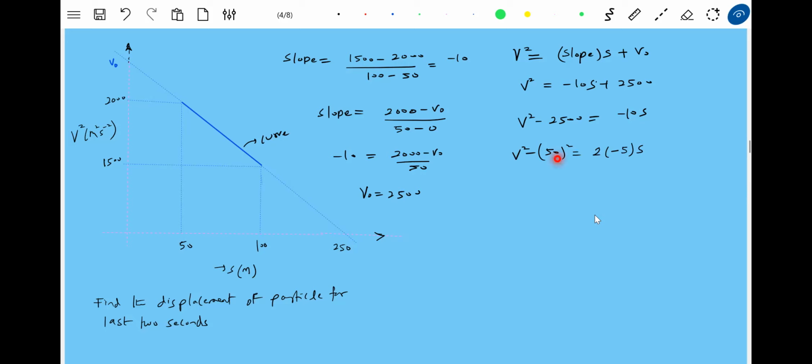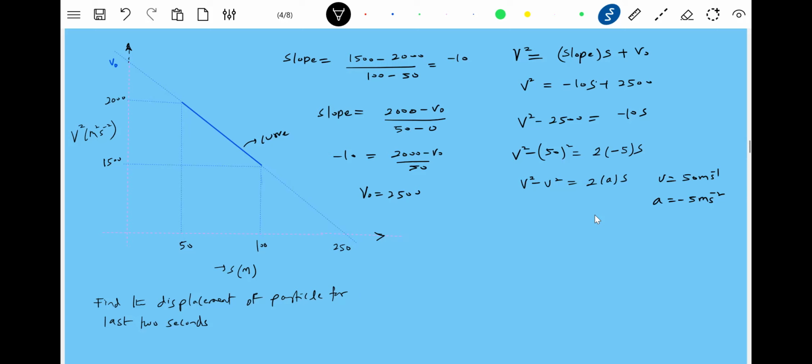Compare with the v square minus u square equal to 2as formula. So what is the initial velocity? 50 meter per second, and the retardation is minus 5 meter per second square.